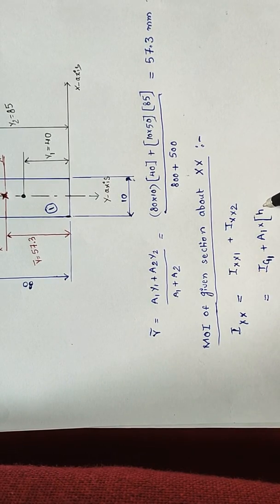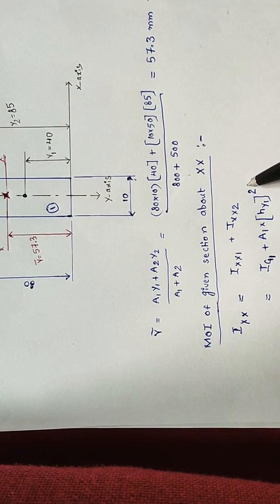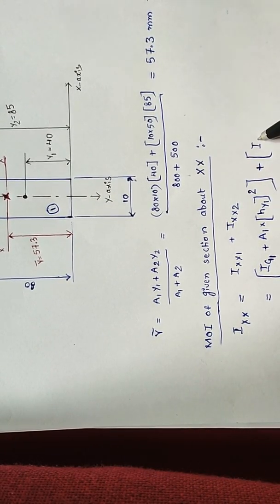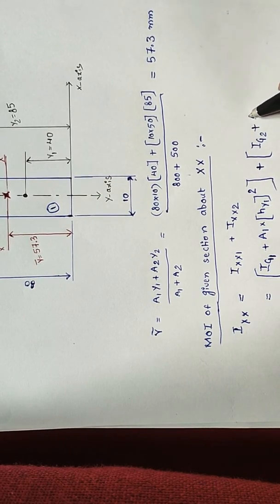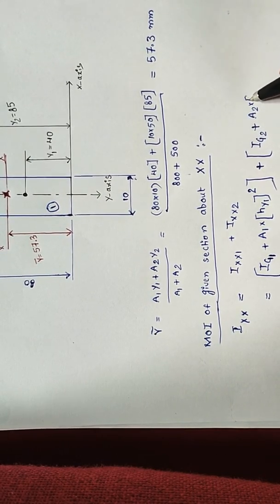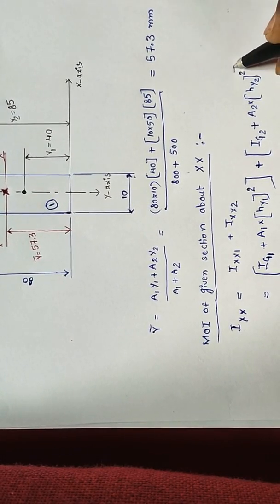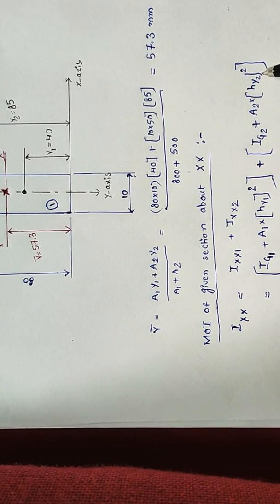So instead of h1 here we are assuming it is hy1 square. So this is Ixx1. Ixx2 means moment of inertia about the centroidal axis of the second element plus area 2 into hy2 square. So instead of h1 and h2 here we are considering hy1 and hy2.